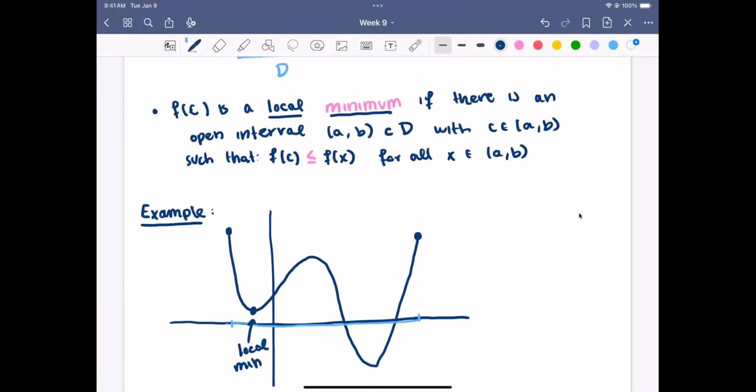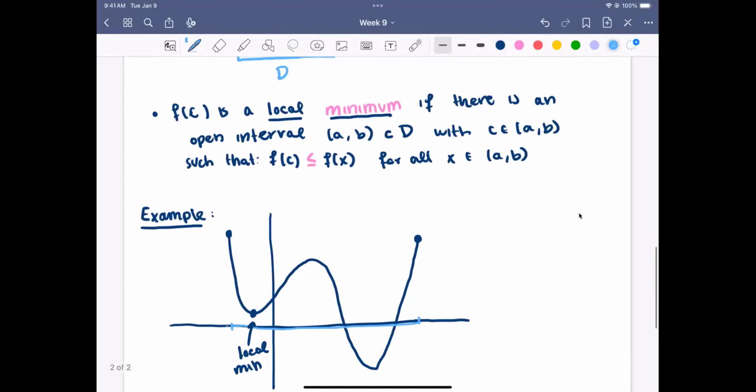So I can't stick an open interval around this point because the interval will leave the domain. So this one is an absolute max, but not a local max. Does that make sense?